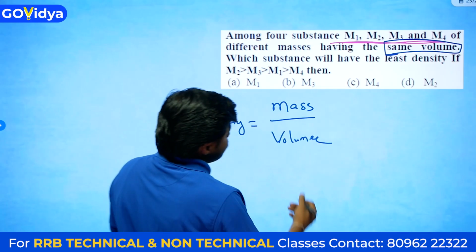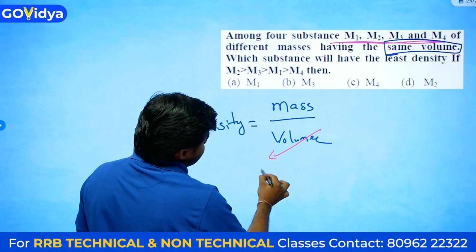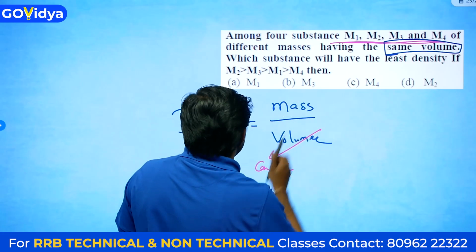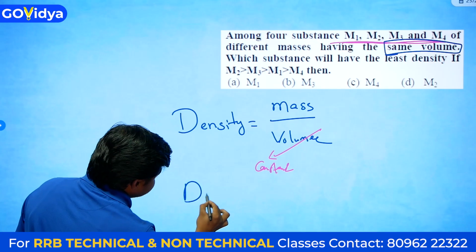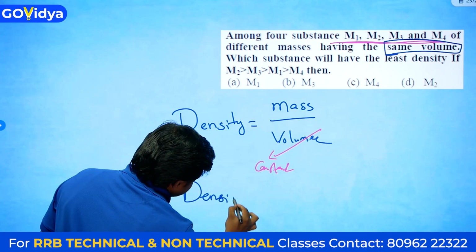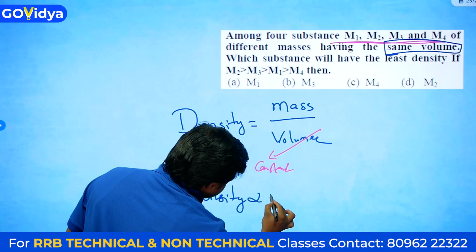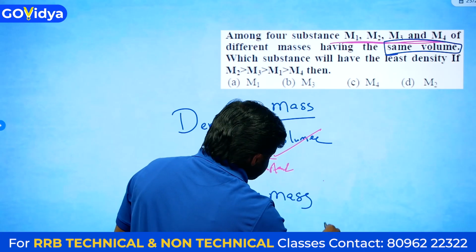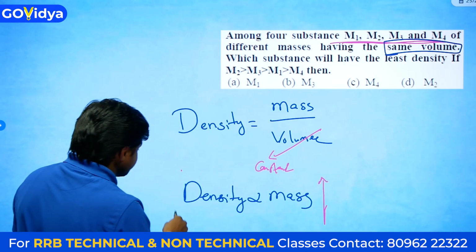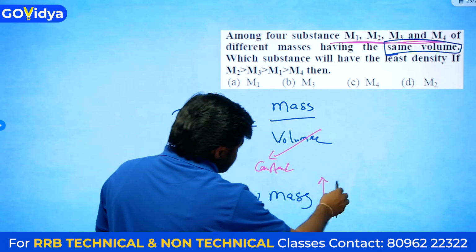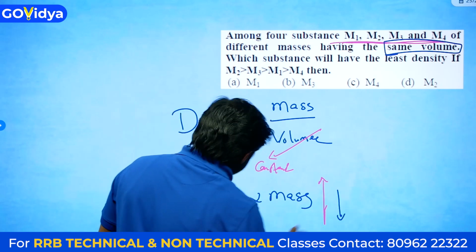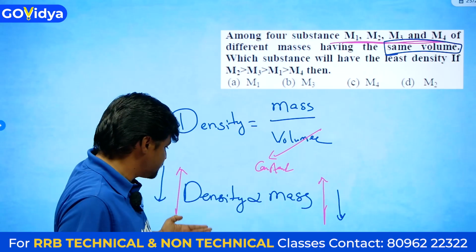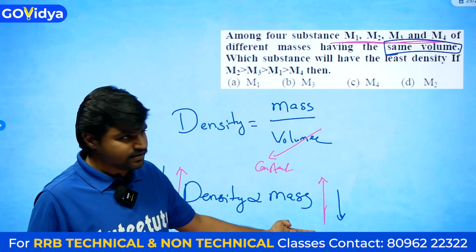Volume is constant, same volume but mass is different. Density is directly proportional to mass. If mass increases, density also increases. If mass decreases, density also decreases.